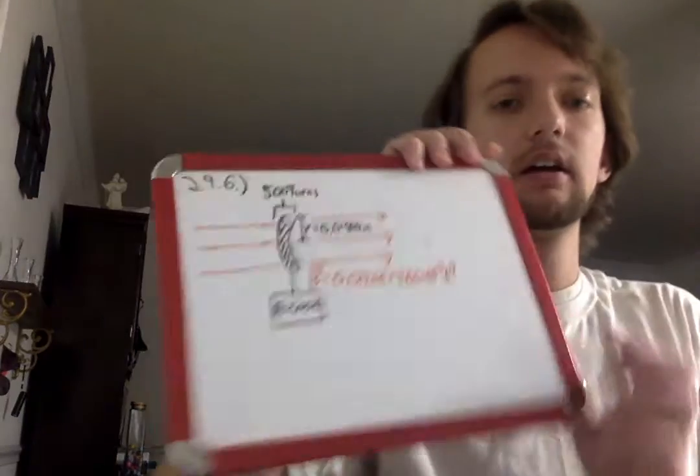So I'm going to start with exercise 29.6, which reads, a coil 4 centimeters in radius containing 500 turns is placed in a uniform magnetic field that varies with time according to B equals, and it has this big equation there that I have written down here for us.